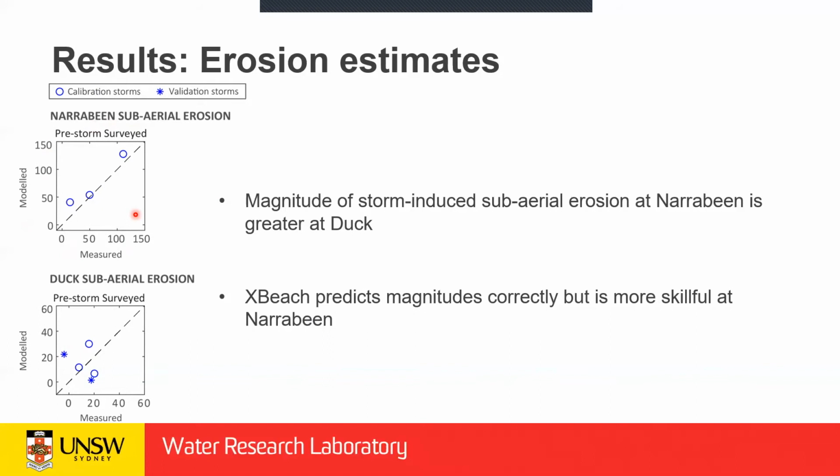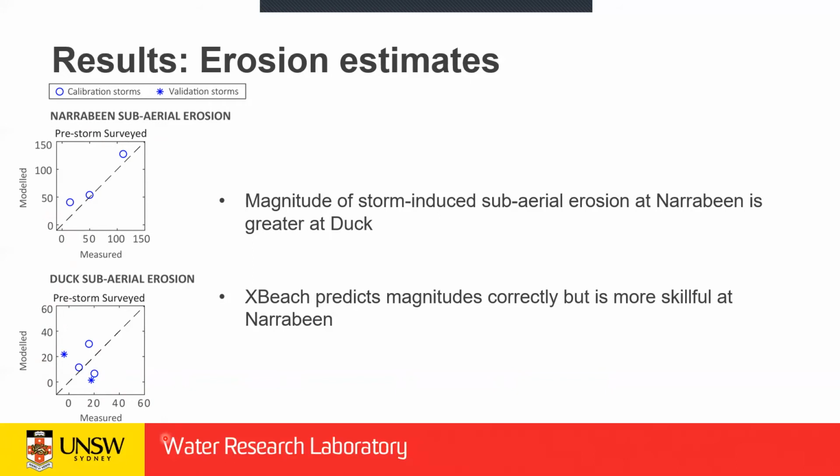But even with that being the case, we can see that at Narrabeen, XBeach has quite a good skill in predicting the subaerial erosion, but it doesn't seem to be the case with Duck. What I'll also point out is that the scale at Narrabeen and Duck is quite different. So even though all the storm events that we modeled at Duck, except one event, were all named hurricanes, the amount of subaerial erosion which we observe at Duck is minimal compared to what we observe at Narrabeen.